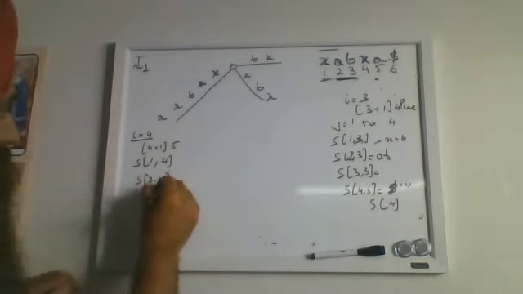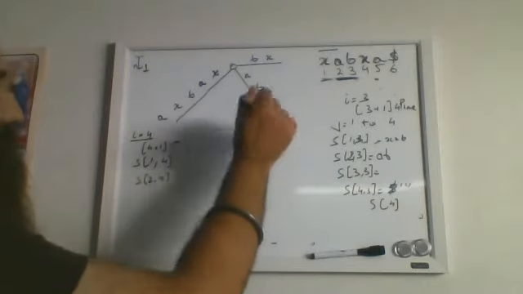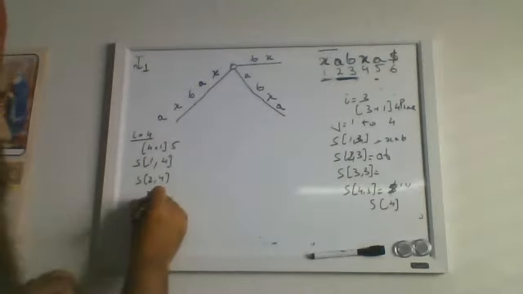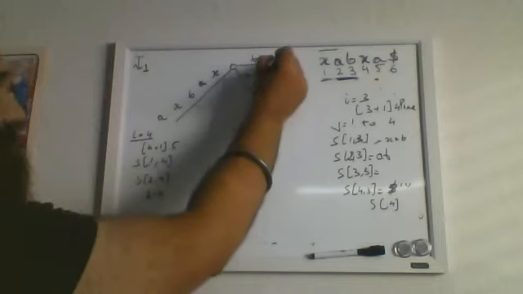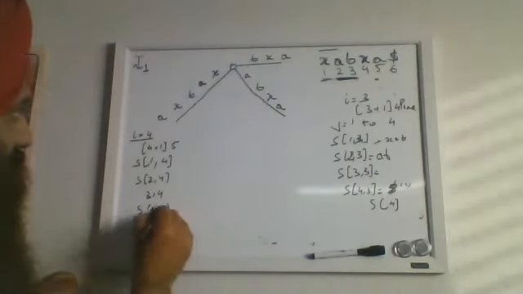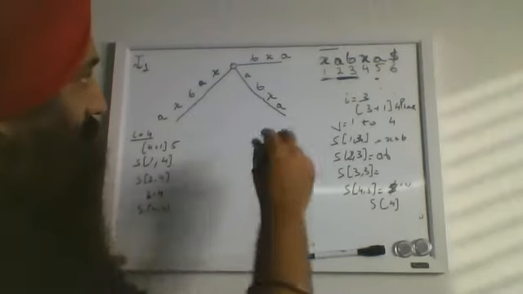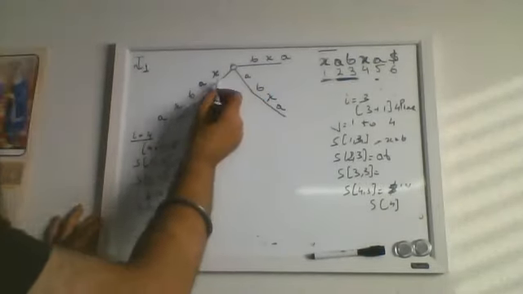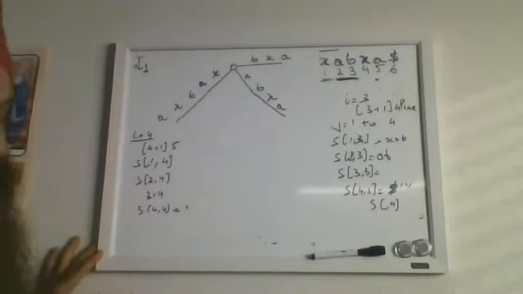S[2..4], ABX is present, so you extend it. 3 to 4, BX is present, you extend by S[4], which is X. X is present, the next character XA is also present, so you do nothing.